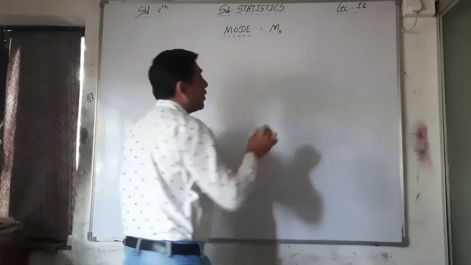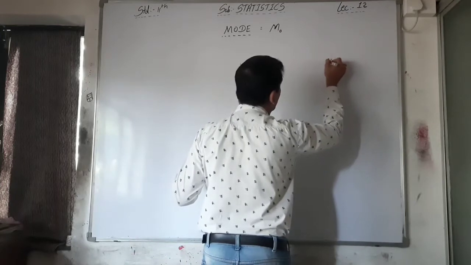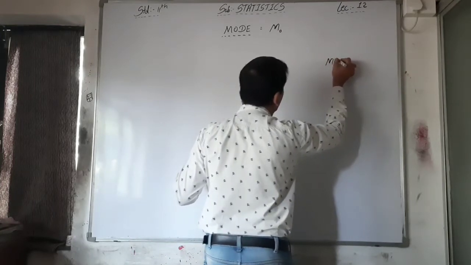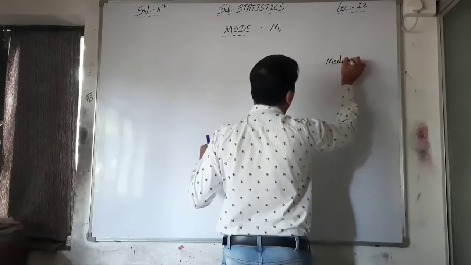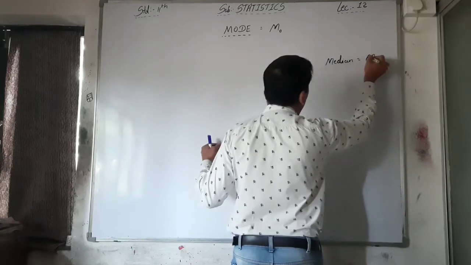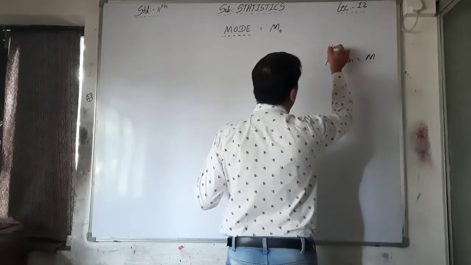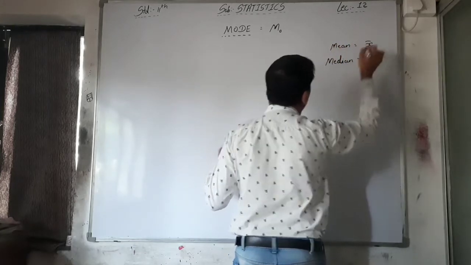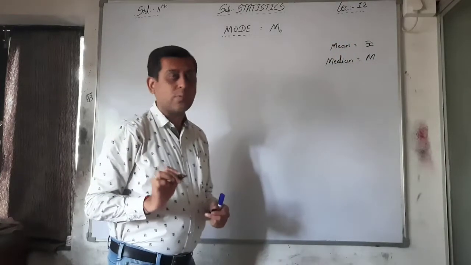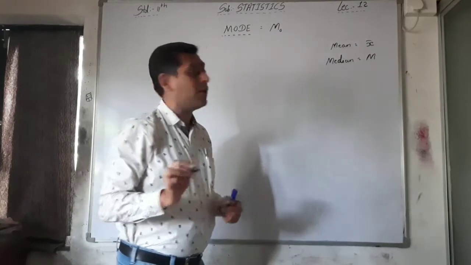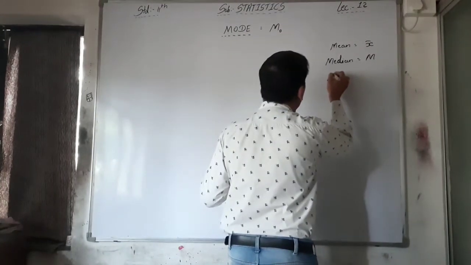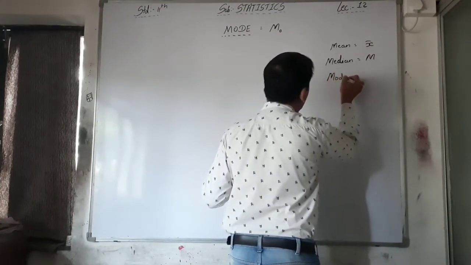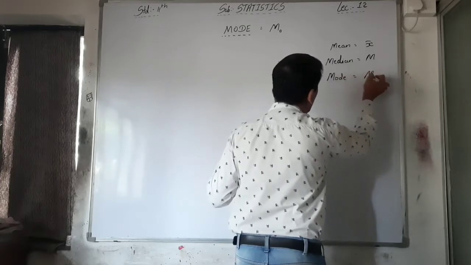See, mean is denoted by X bar. Median is denoted by capital M. Now the mode is denoted by MO.